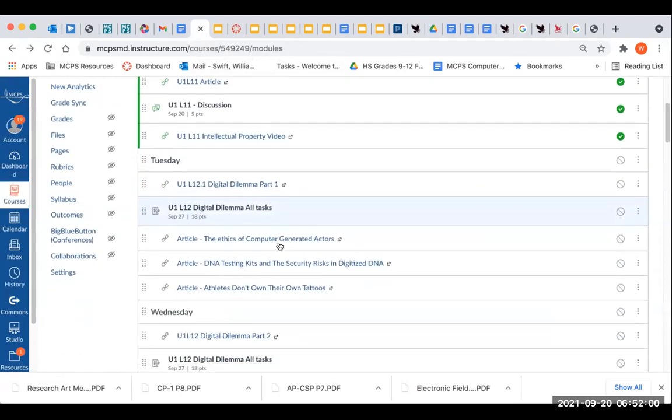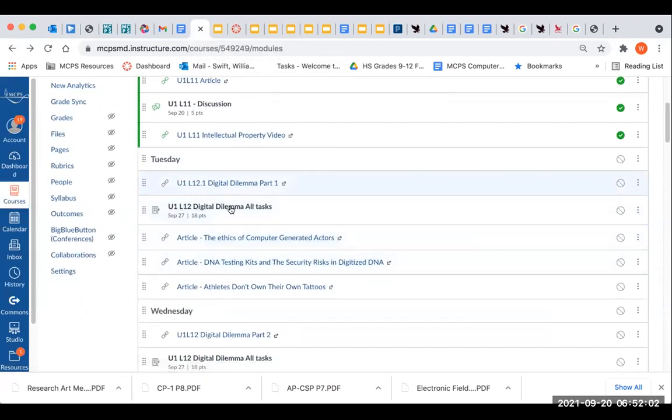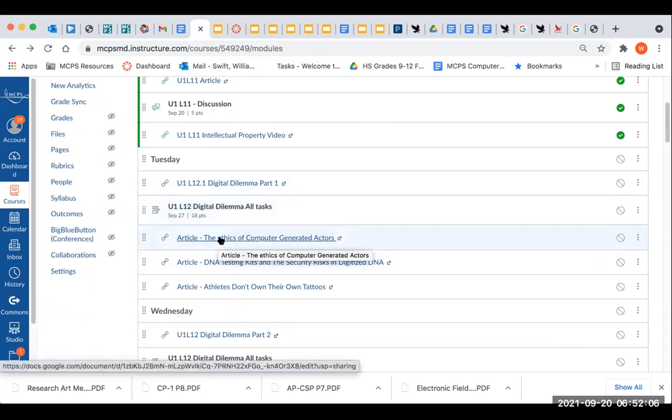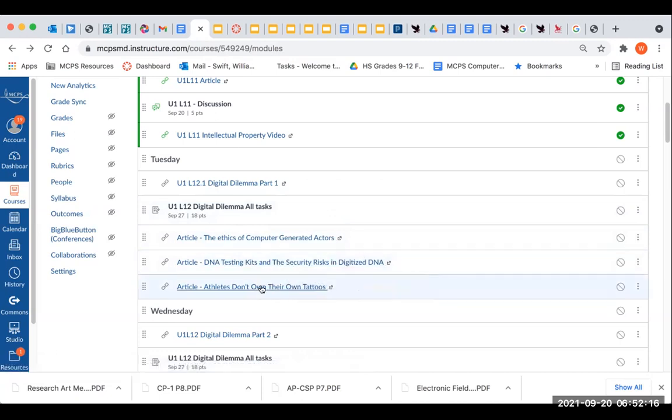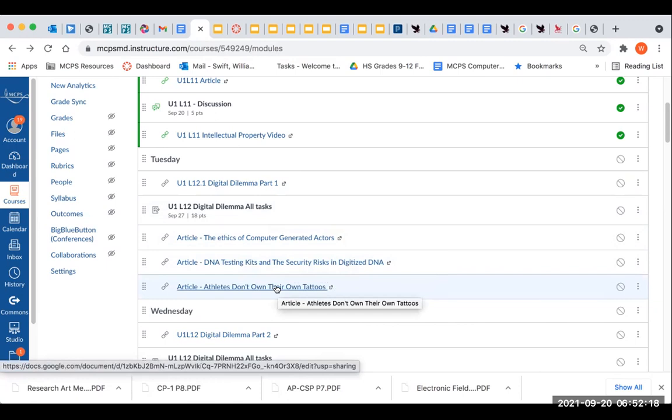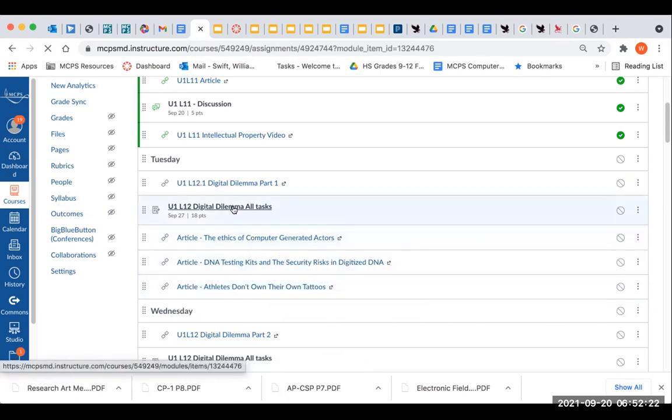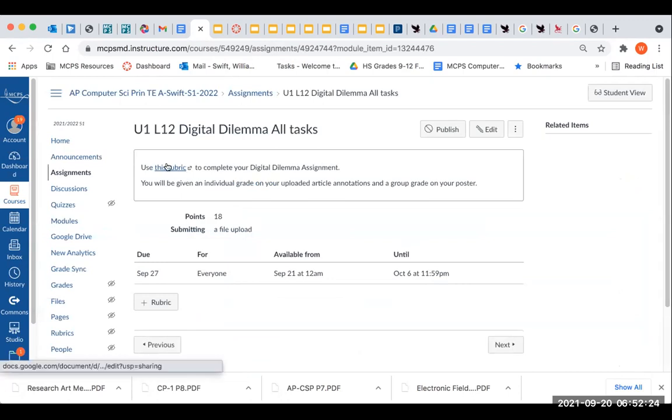If you look on Tuesday, this is the presentation. Here are the 3 articles. The first one is the ethics of computer-generated actors. The second is DNA testing kits. And the third is athletes don't own their tattoos. Okay, I'll try and put numbers on. Here is your worksheet.